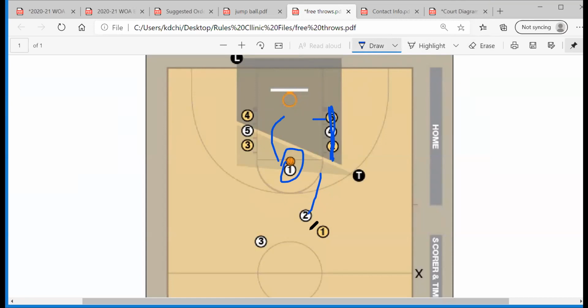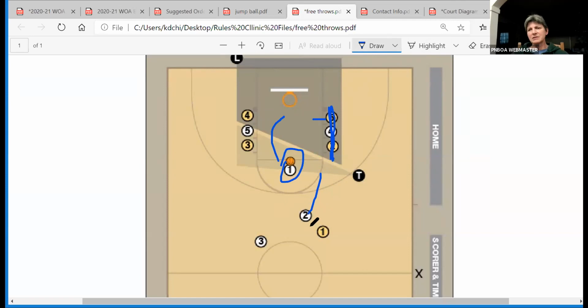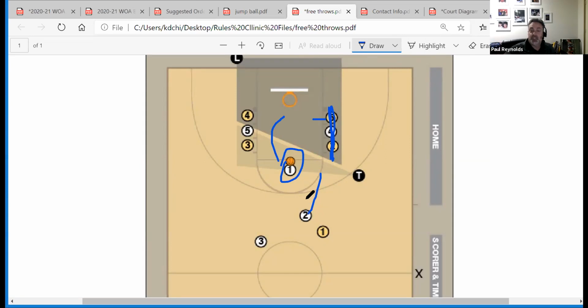And he can't be drawn in by 5, because 5's allowed in before it hits the rim, but 2 isn't. So you can't say that 5 drew in 2, because 5 can go into the lane as the ball's released, but 2 can't break his plane till it hits the rim.